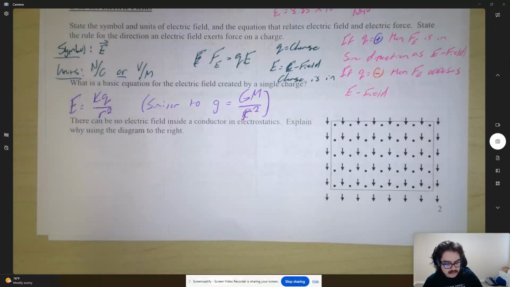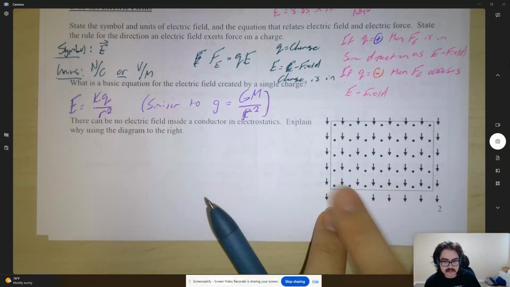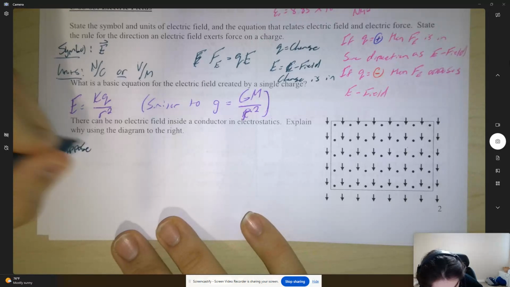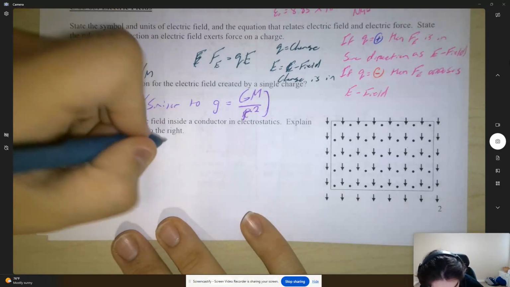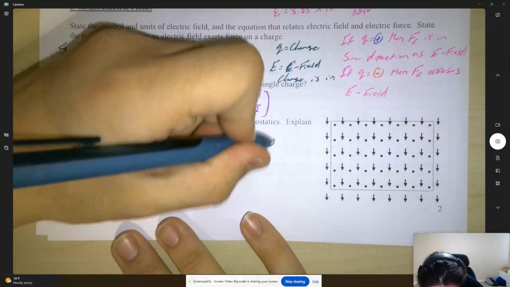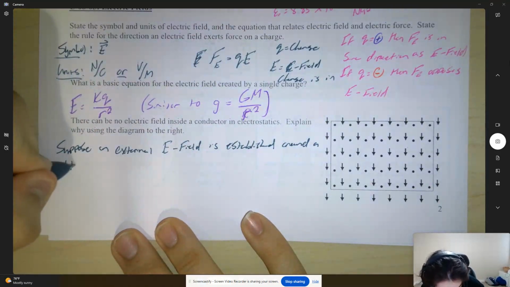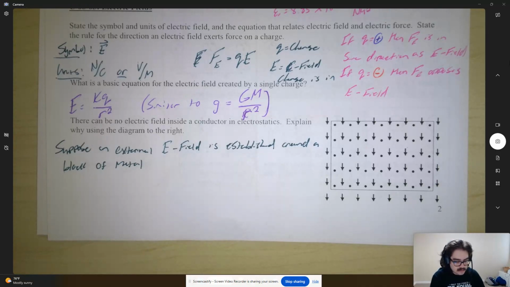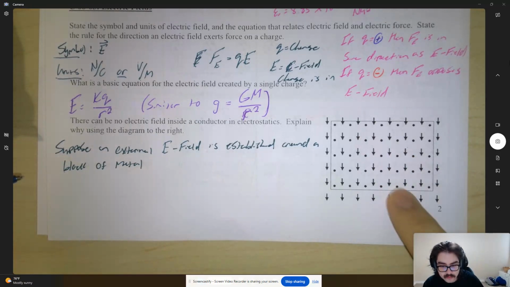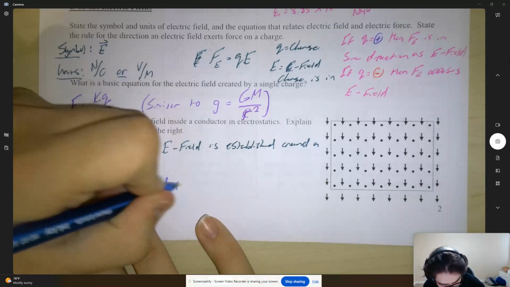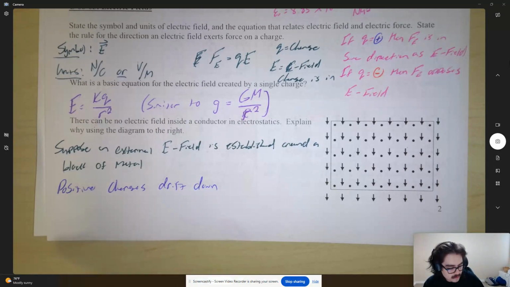Suppose this is a conductor, like a block of metal, and an external E field is established around it. If the field goes down, the positive charges drift down and the negative charges drift up.